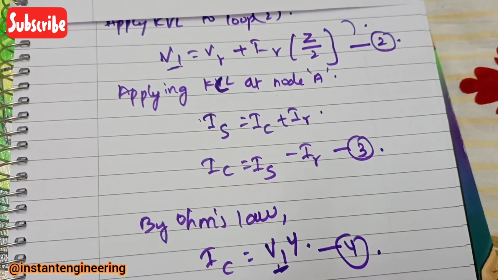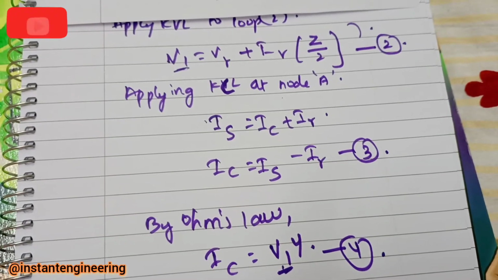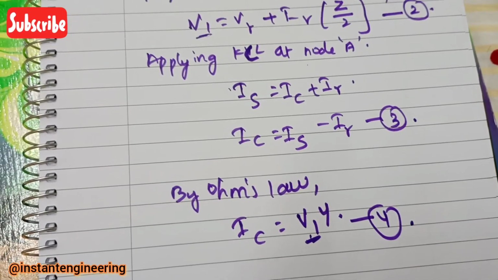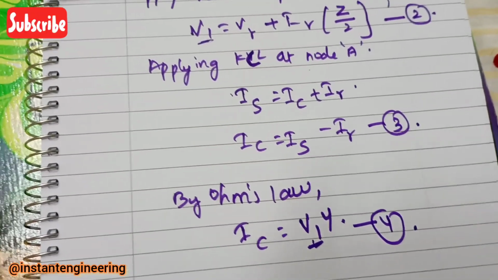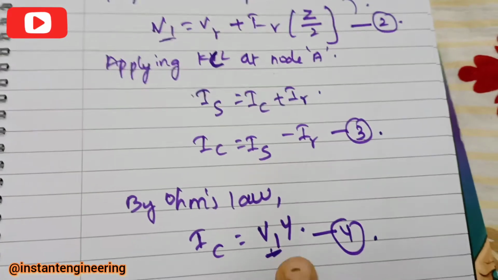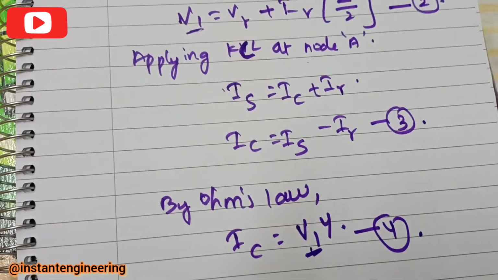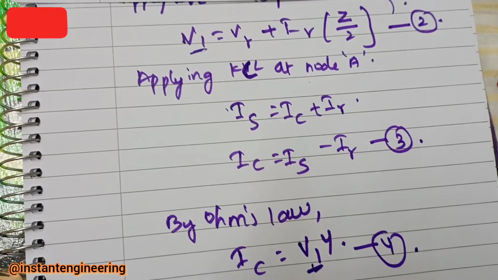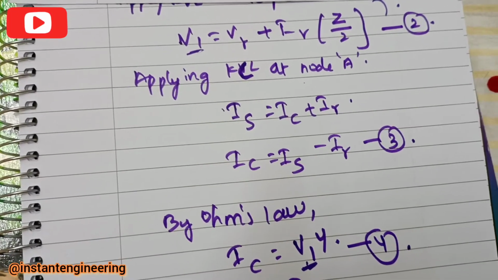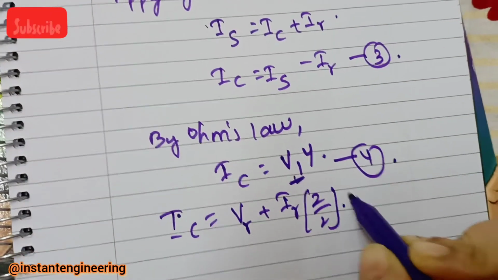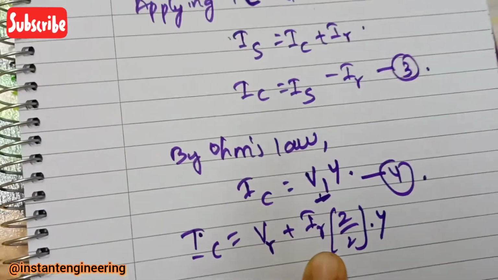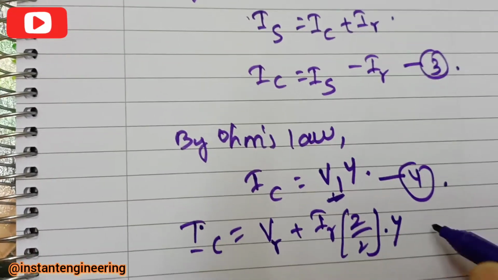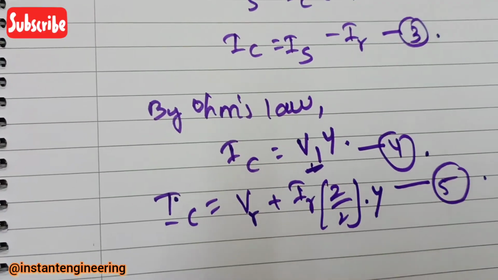Alright, so that will be, I thought of zooming, it's not zooming. Okay, I'll just write it. So IC is equal to VR plus IR Z by 2 into Y. I just substituted the whole thing over here. Consider this as equation 5 now.